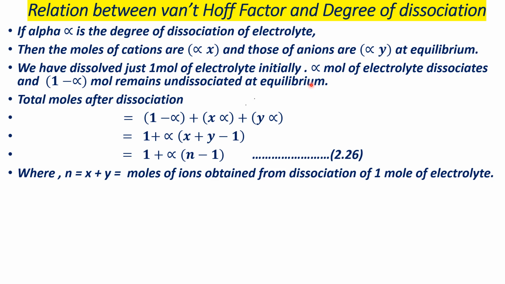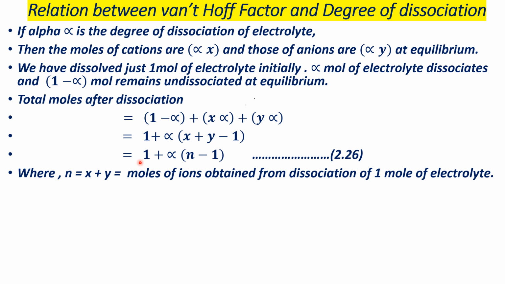The total moles after dissociation is given as 1 minus alpha plus alpha x plus alpha y. Simply this proceeds to 1 plus alpha in bracket x plus y minus 1.